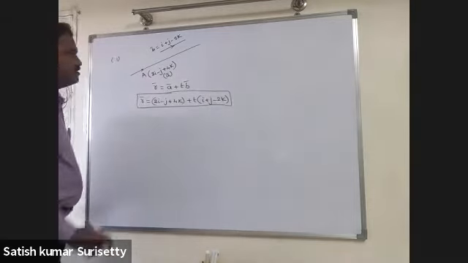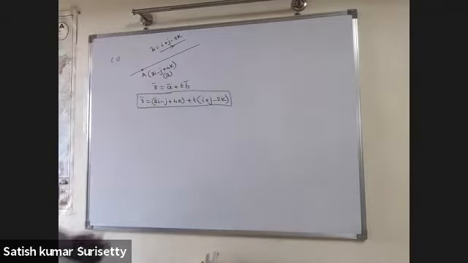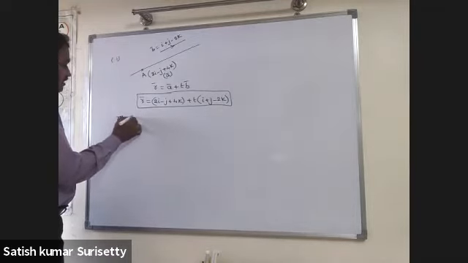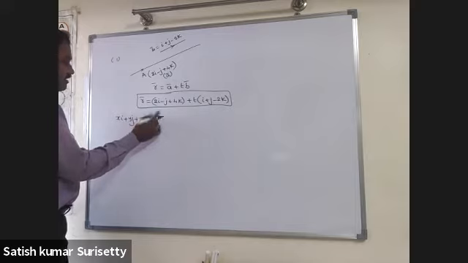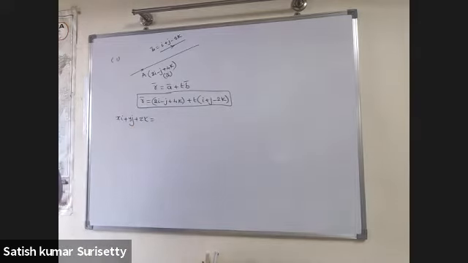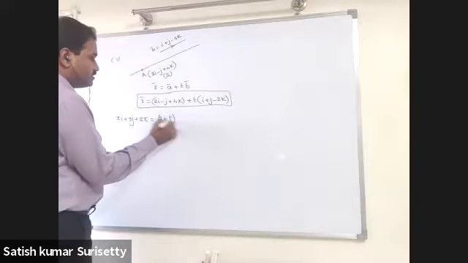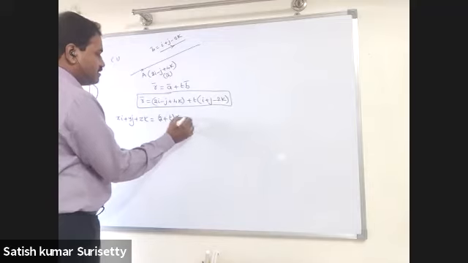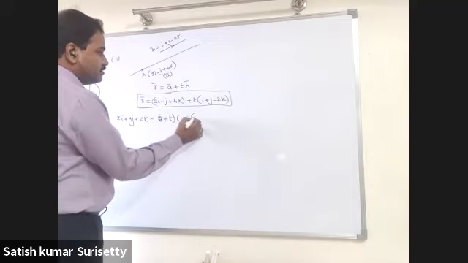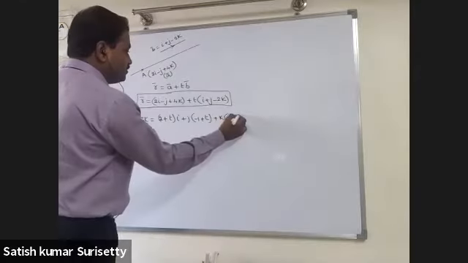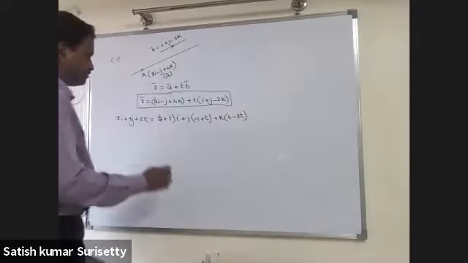When you are converting into Cartesian form, replace r bar with xi plus yj plus zk and group the terms of i, j, k and equate on both sides. So (2 plus t) i plus (minus 1 plus t) j plus (4 minus 2t) k.